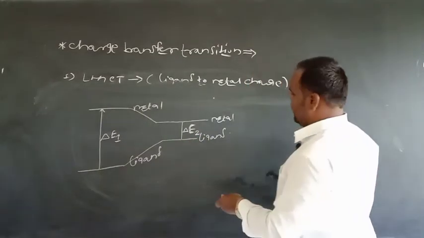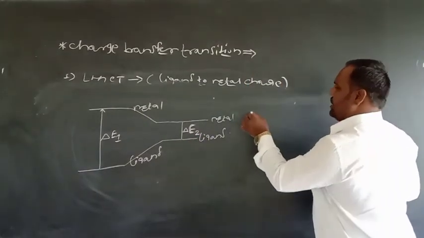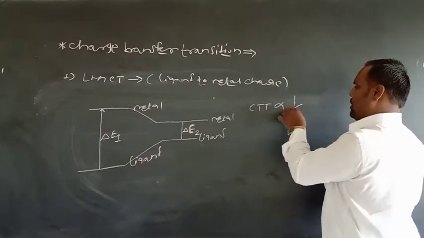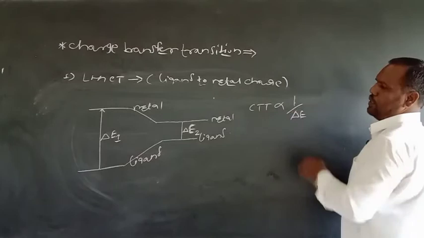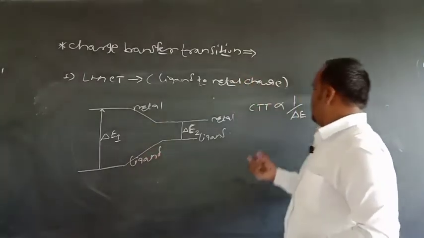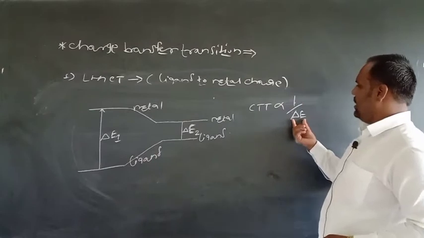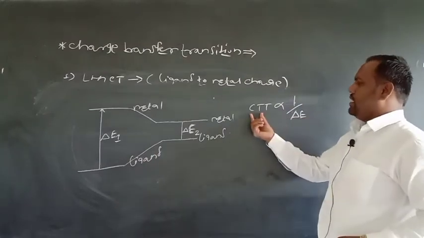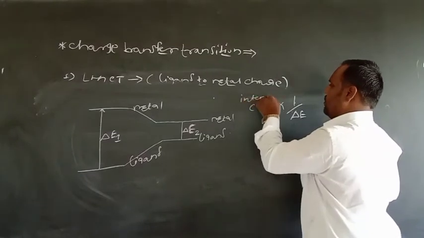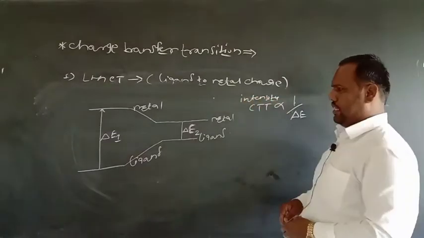We know that the charge transfer transition is inversely proportional to the energy difference between the two orbitals, that is, the ligand orbital and the metal orbital. As delta E increases, the intensity of charge transfer transition decreases.